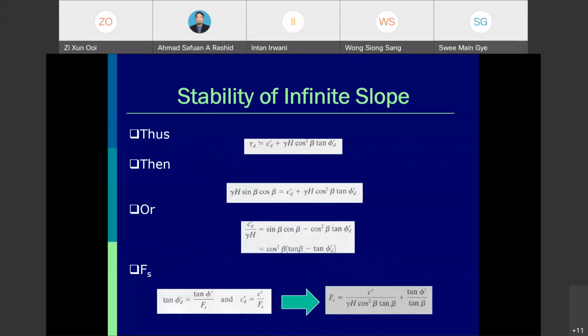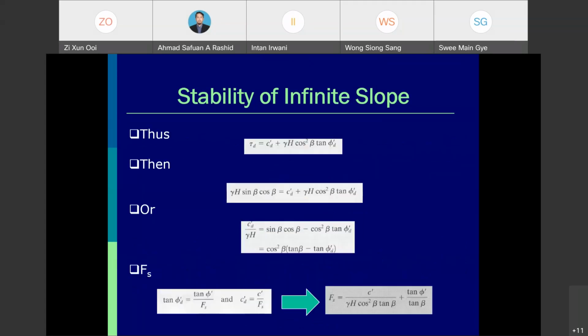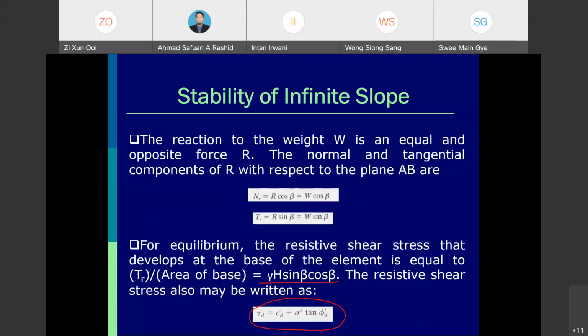Then from there, cd, gamma, this is sigma.